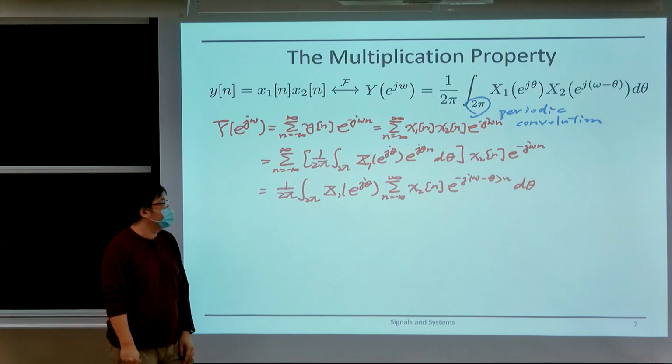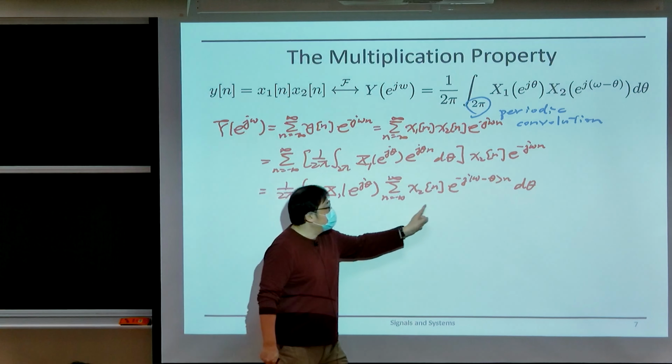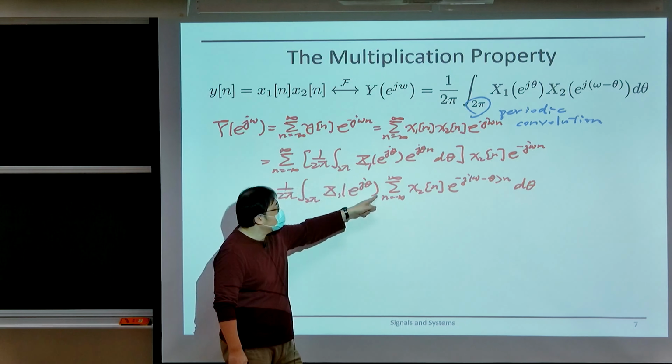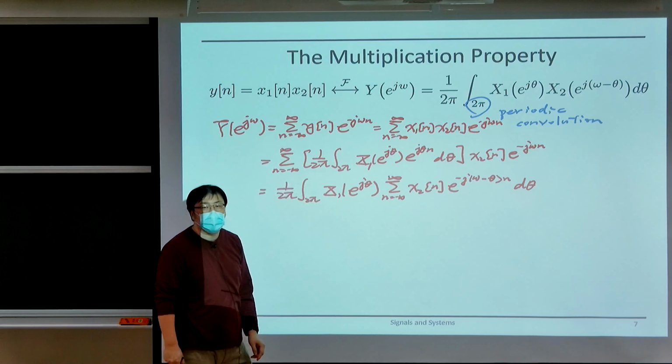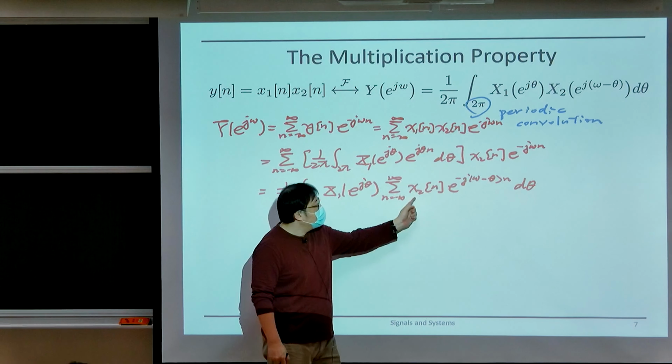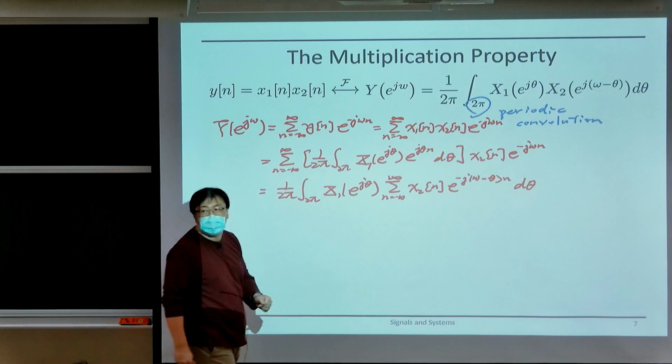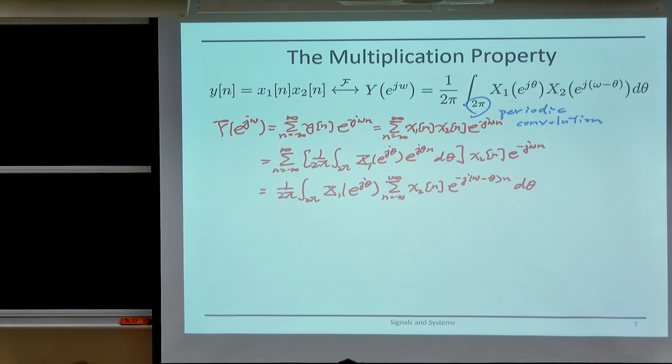All right. Now, if you look at this summation here, this is exactly the form of a Fourier transform of x2 at frequency omega minus theta. So this term here is exactly X2(e^j(omega minus theta)).